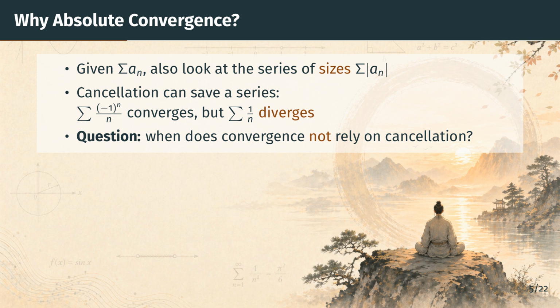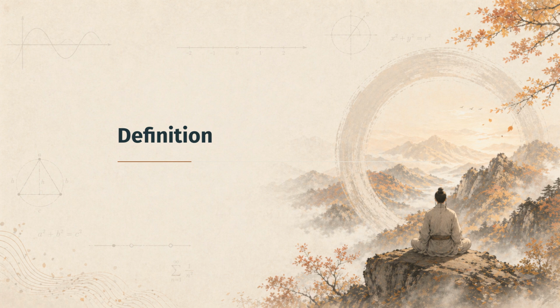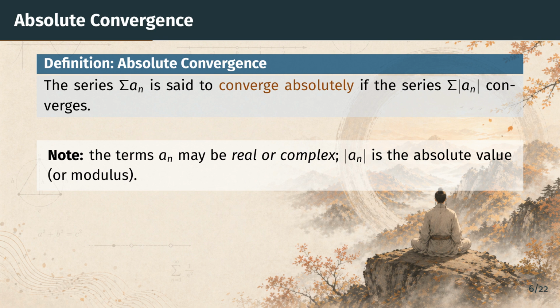Let's make this precise with a definition. Here is the definition, shown in the blue box. We say the series sum of a sub n converges absolutely when the series of absolute values, the sum of the size of a sub n, converges. Notice this is a statement about a different series, the one built from the sizes of the terms.